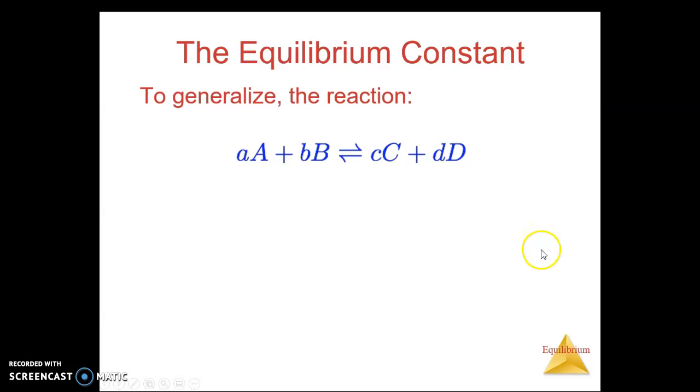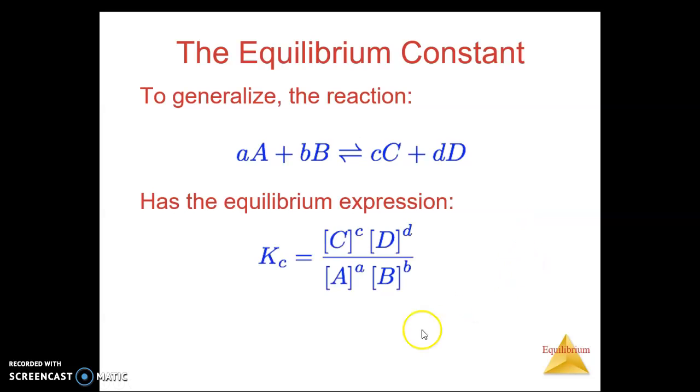Therefore, to generalize, for this reaction, and you've seen it before, a moles of A react with b moles of B to form c moles of C and d moles of D. This is the equilibrium expression. Don't get confused. It's the same as we just saw, but this is more general.